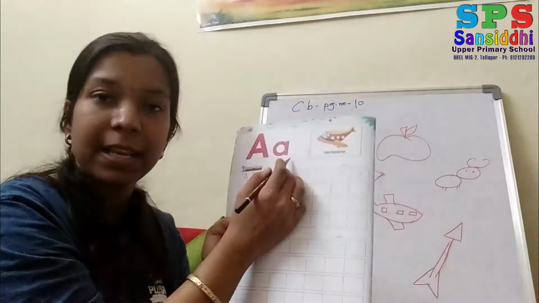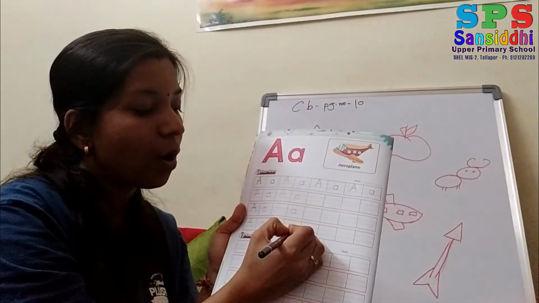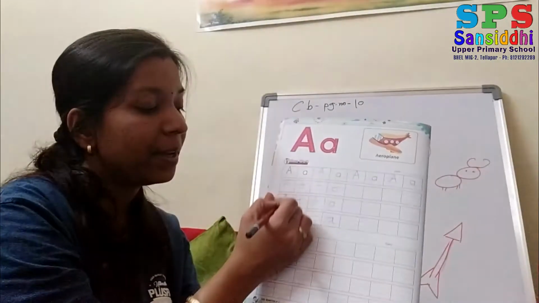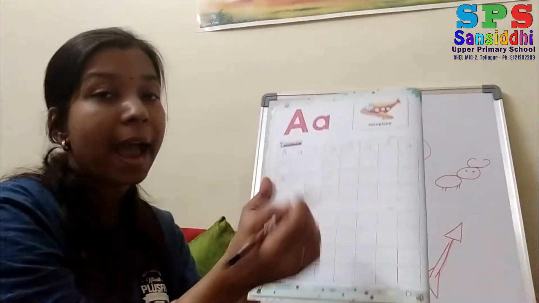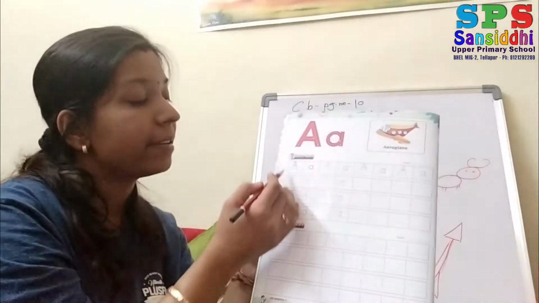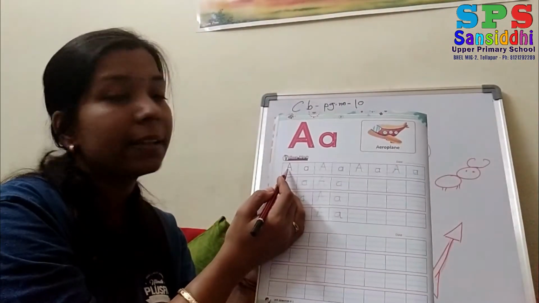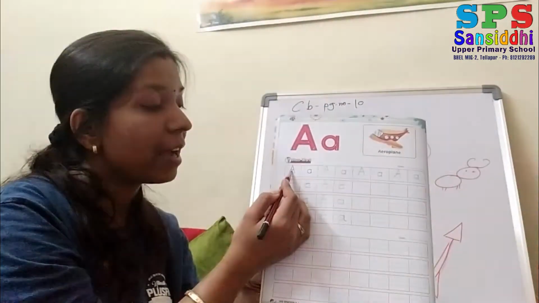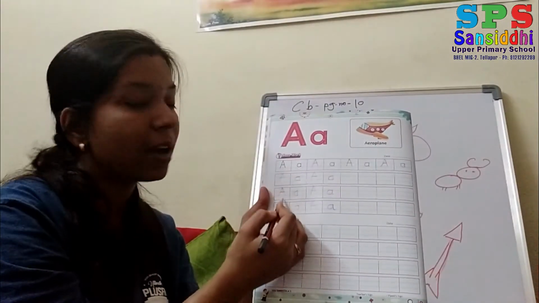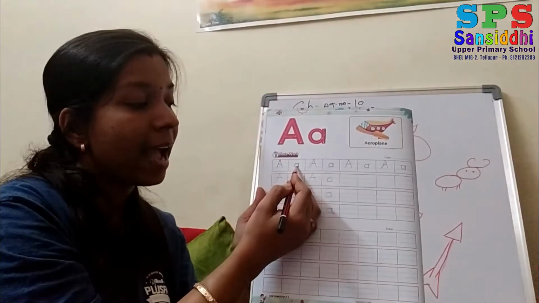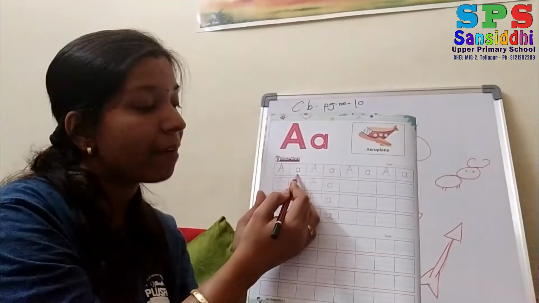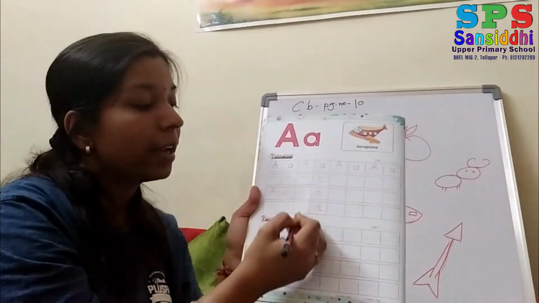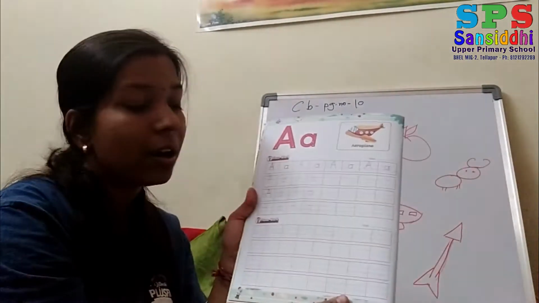These are small a and these are capital A. And when you are writing, check the lines, what they have written on the first line. They have written here capital A, so you have to write capital A. Again they have written here small a, so you have to write small a. So like this you have to continue your writing.